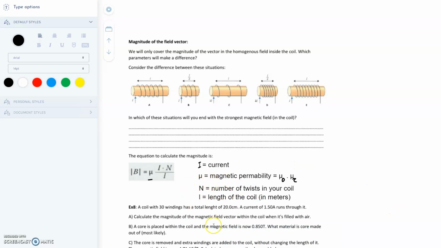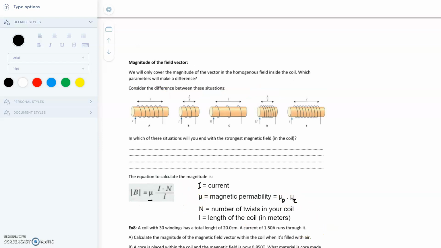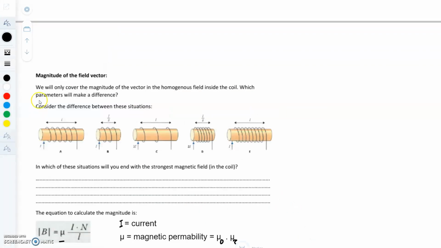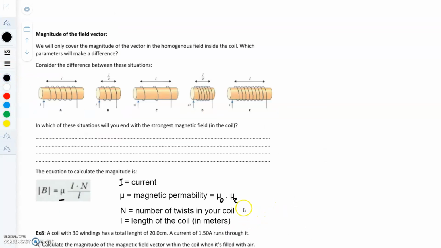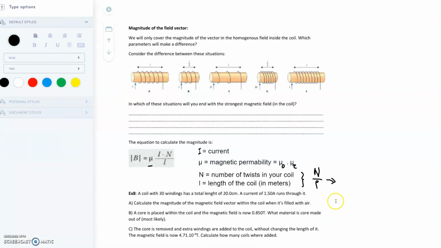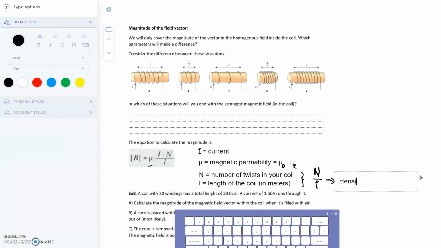N doesn't have any unit associated with it. Now, ironically, if we take these two together, N and L, we're going to be looking at the ratio of the two of them in our setup. This ratio, the number of twists in your coil divided by the length of the coil, can actually be described as the density of the coil. How closely packed together is this coil?